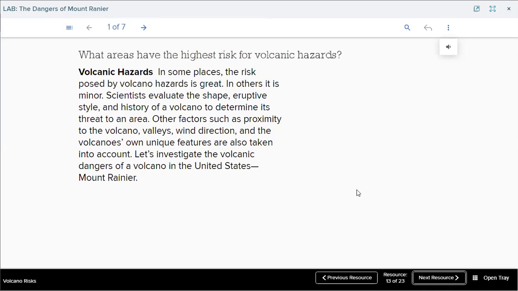Other factors such as proximity to the volcano, valleys, wind direction, and the volcano's own unique features are also taken into account. So let's investigate the volcanic danger of a volcano in the United States, Mount Rainier.